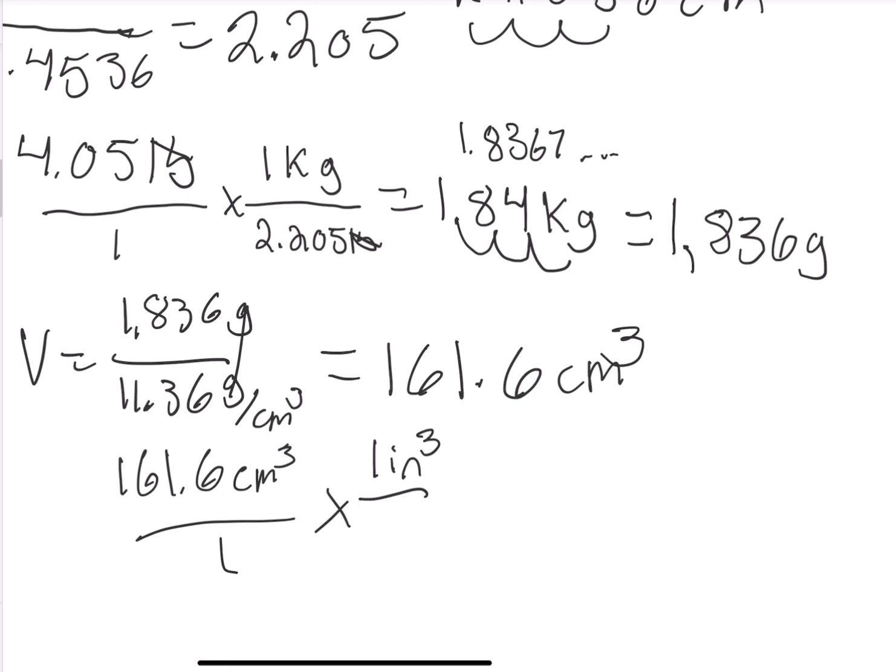Okay, so our conversion unit is actually going to be 1 inch cubed equals 16.387 centimeters cubed. And since we're going smaller to larger, we divide.